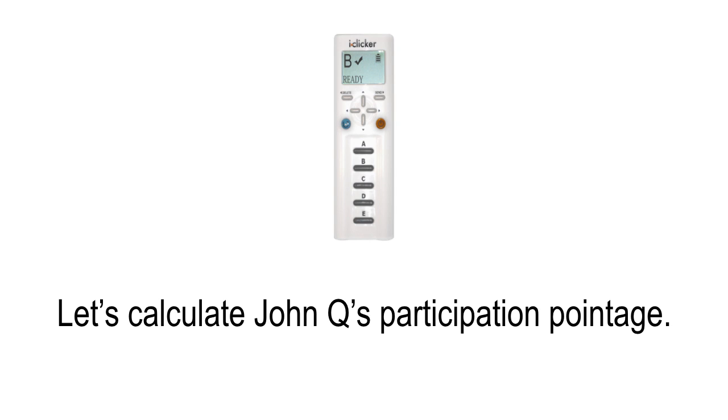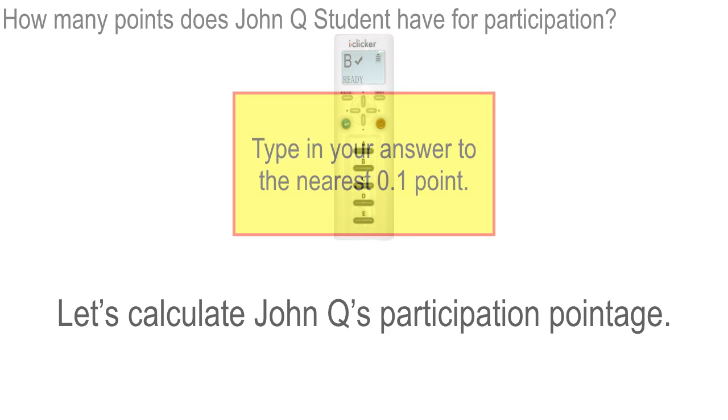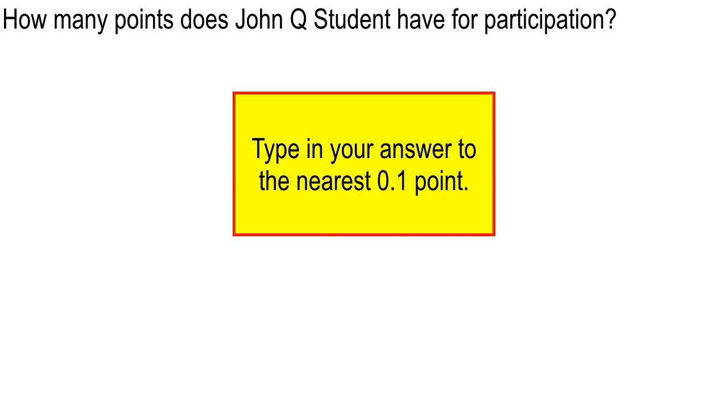It's really a simple question. How many points does John Q student have, with the example we are looking at? We're on frequency BB. Let's go. Type in your answer to the nearest tenth of a point, because I have a comment about that.